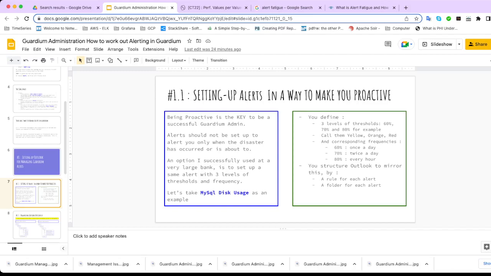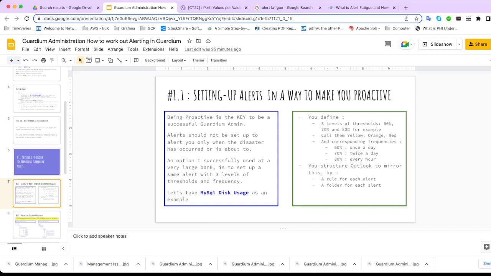Okay, so let's take an example with MySQL disk usage. What we did was to define 3 levels of thresholds: 60%, 70%, and 80%. And we call them yellow for 60, orange for 70, and red for 80, with corresponding frequency.